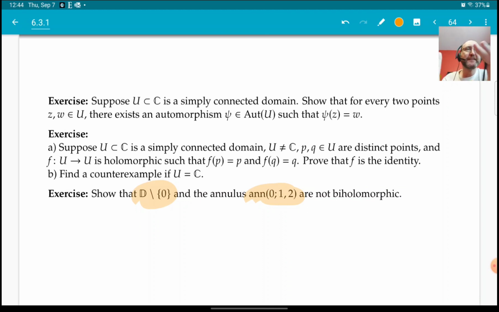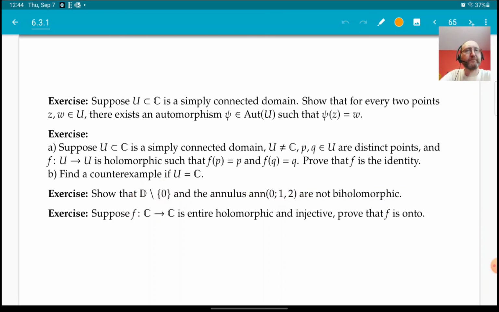You don't have a similarly simple theorem, like saying that every domain with one hole would be biholomorphic to, let's say, the punctured disk or an annulus. It's not true. I mean, there is something true, but anyway, we're not going to worry about it. Different annuli are not biholomorphically equivalent, really.